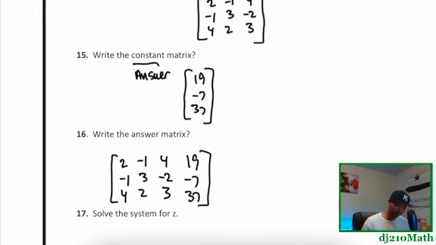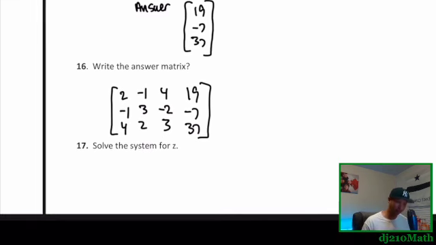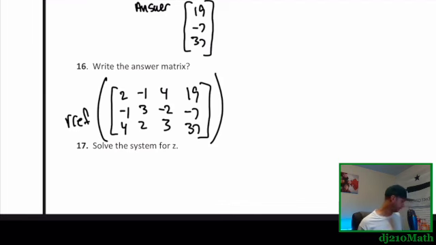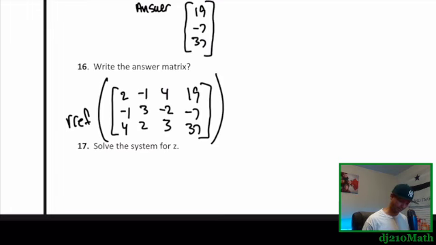When you put this into a calculator, right? When you put this into the calculator with the feature RREF parentheses this matrix, we get, solving for Z, it's going to be the bottom one. So feel free to pause the video. We get 1 0 0 0 1 0 0 0 1 8 1 1.